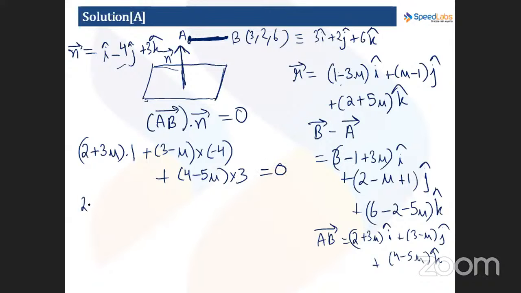So this is 2 plus 3 mu minus 12 plus 4 mu plus 12 minus 15 mu equal to 0.